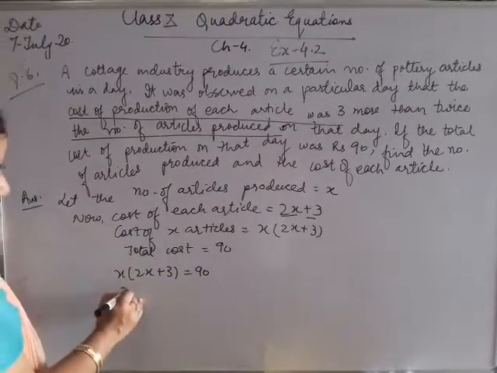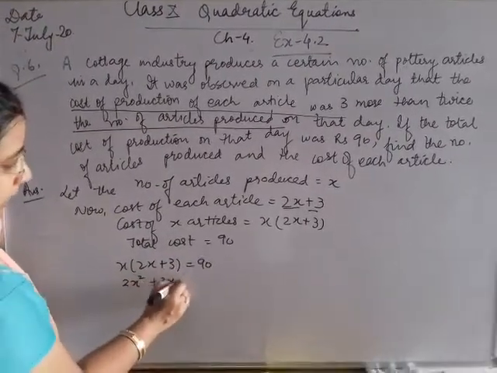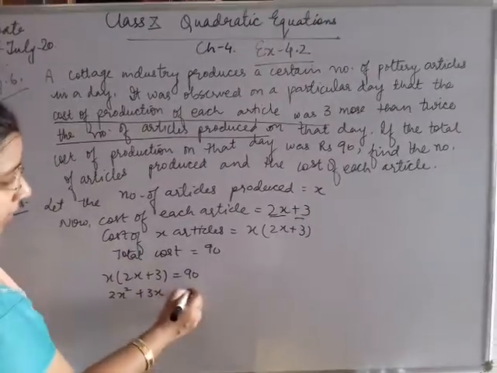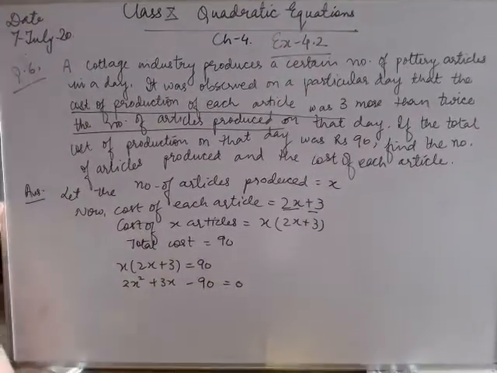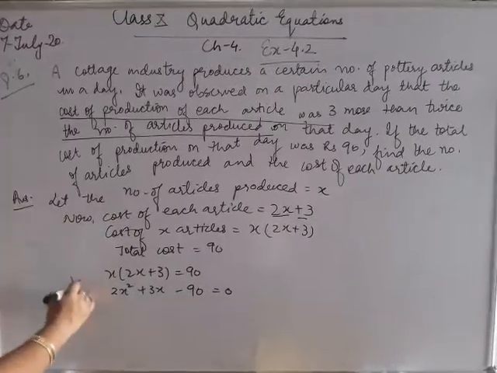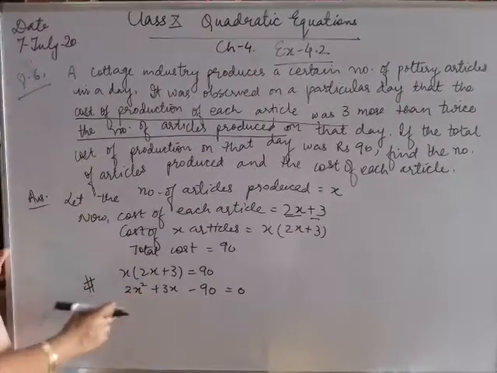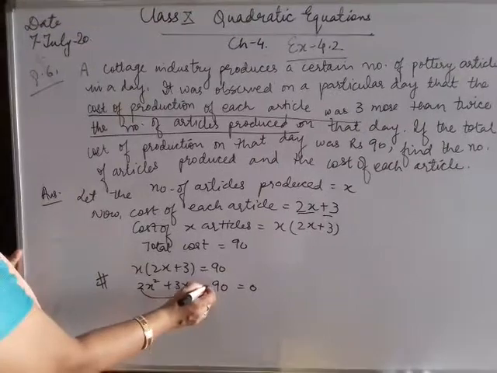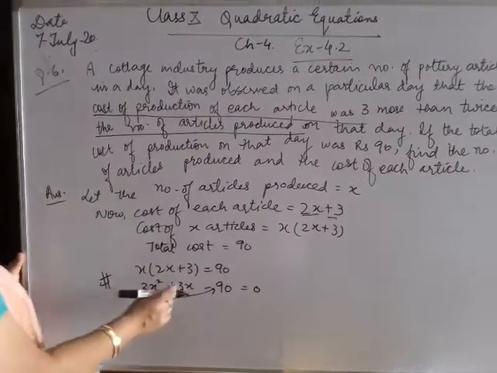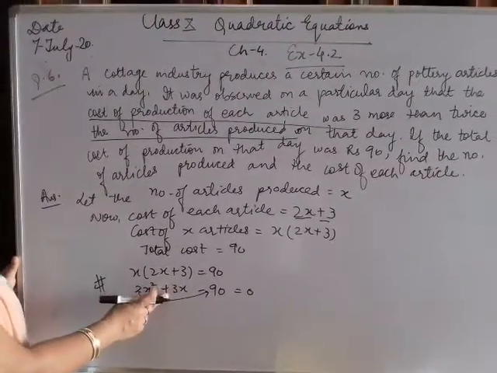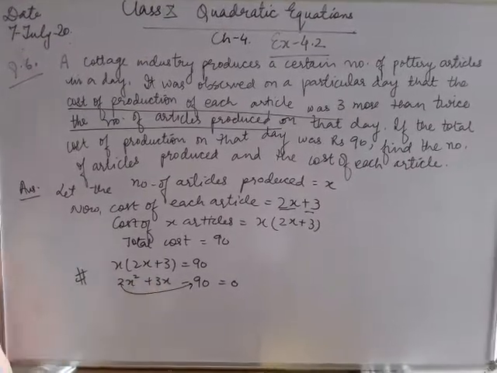So we have 2x square plus 3x. This 90 on the right side will come to the left side. So the equation that we have got is this one. By multiplication we should have minus 180 and by subtraction or addition we should have plus 3x.